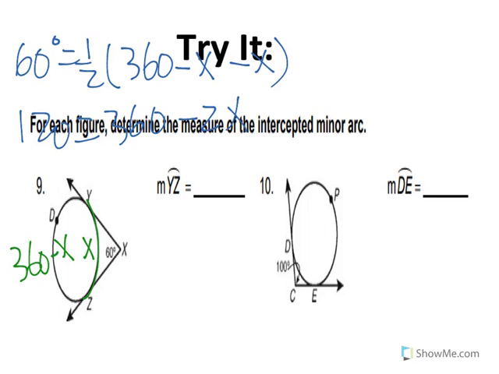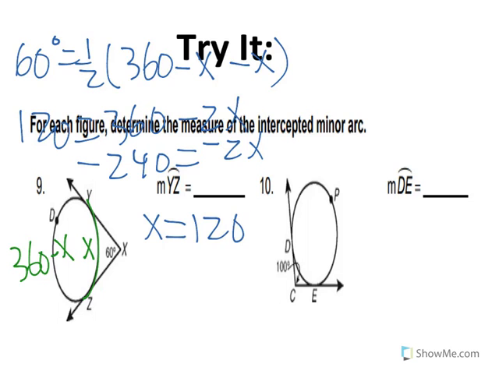So 120 minus 360 gives us negative 240 equal to negative 2x, divided by 2. So then x is equal to 120 degrees, which is the same as our YZ. So 120 degrees.